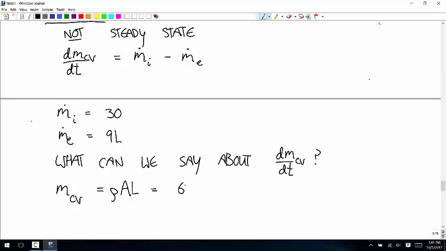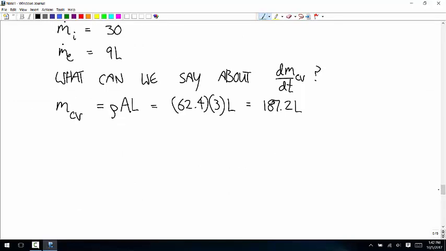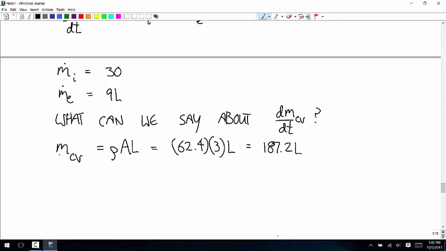So that's 62.4 times the area, which was 3, times L, or 187.2 L. But we want the time derivative of this. So dm in the control volume dt, we're just going to take the time derivative of this. So it's going to be 187.2 times dL dt.